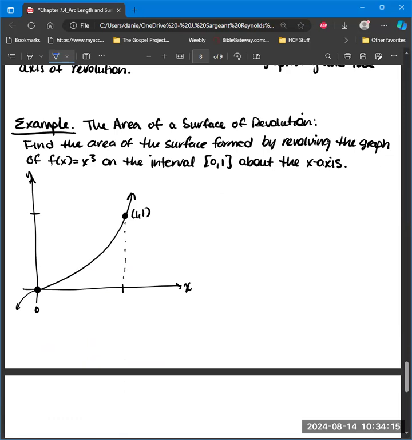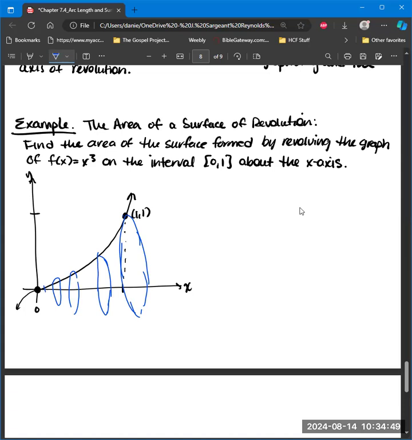So let's go ahead and look at this example here: find the area of the surface of revolution formed by revolving the graph of f of x equals x cubed on the interval from 0 to 1 about the x-axis. So we're going to get a big circle here. Do my best to draw this. Then we're going to get some smaller circles here and some smaller circles still, all the way out.